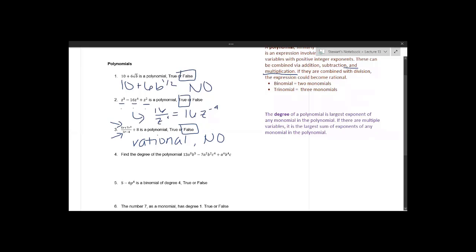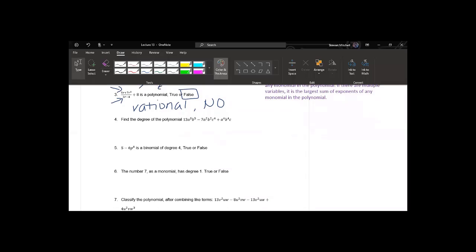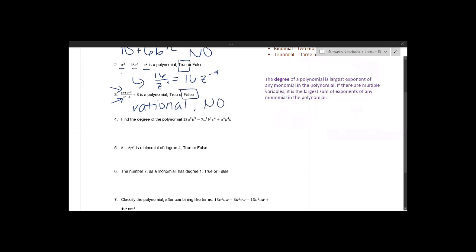Okay, so in this one, we have to find the degree of the polynomial. As we said, the degree is the largest exponent of the variable, or in this case, variables. So we have to add the exponents of these variables together in each different monomial and see which one's the largest. And you don't include the coefficient exponent, only the variable exponent in the degree. You only consider the exponents of the variables.